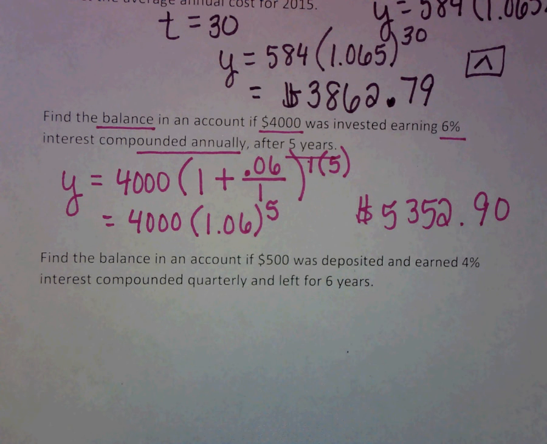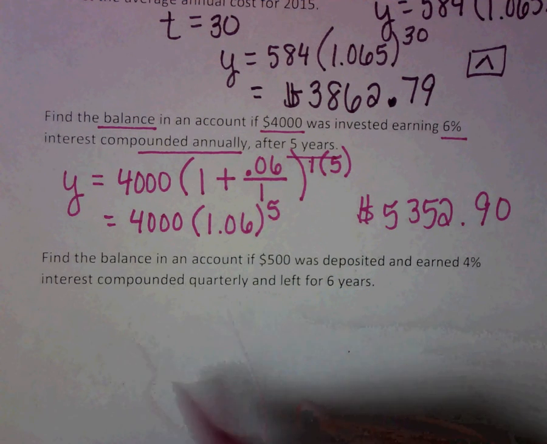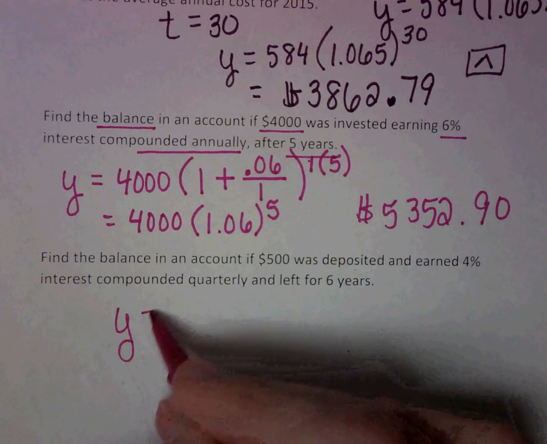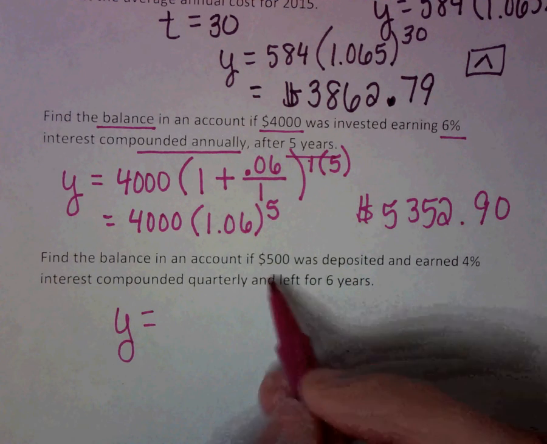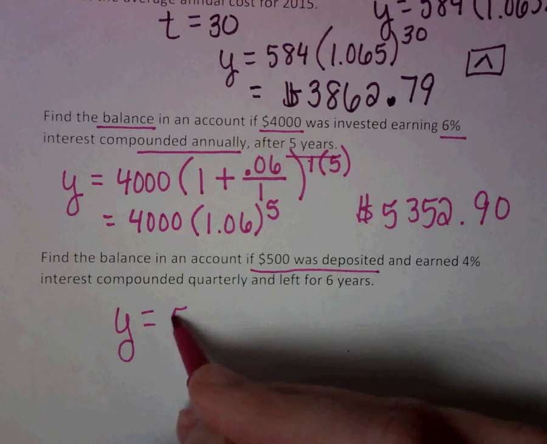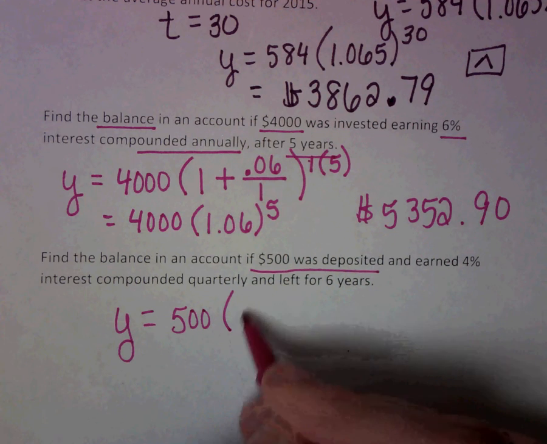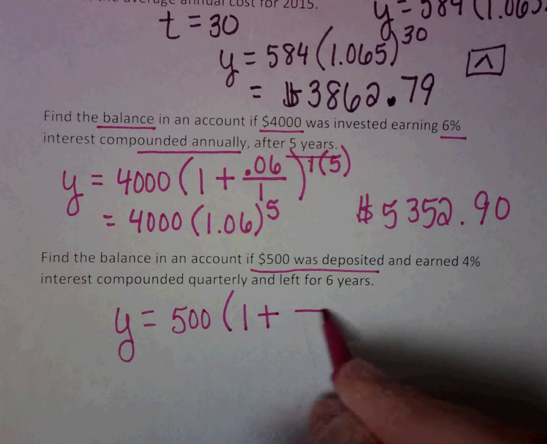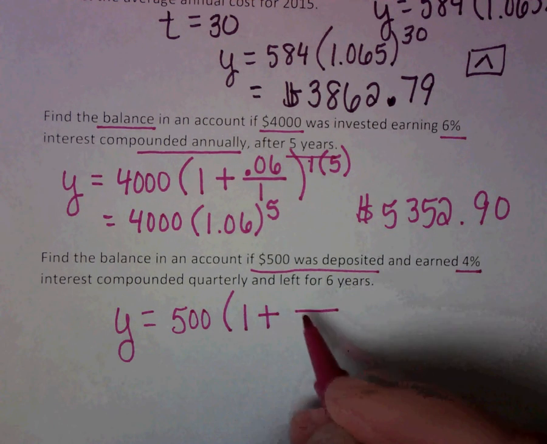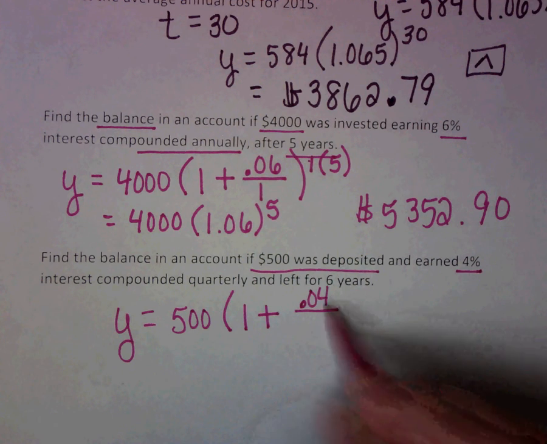Okay, and the last problem. You might want to pause it a minute, see if you can fill in the formula yourself first, and then turn it back on and see if you did it correctly. So our beginning balance was $500 times 1 plus my r is 4%, 0.04.